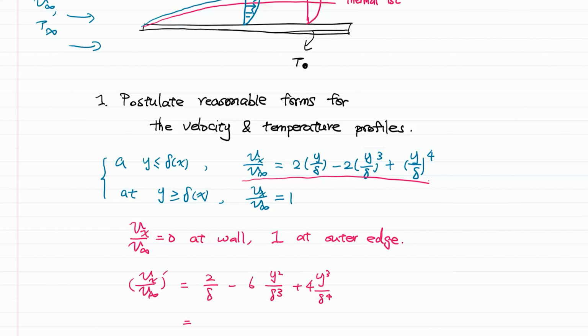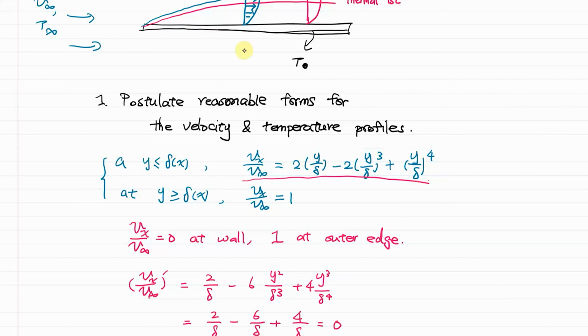When y equals delta, this equals 2 over delta minus 6 over delta plus 4 over delta, which equals 0 again.